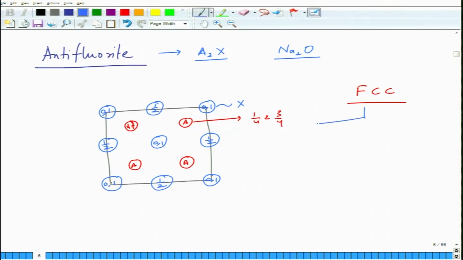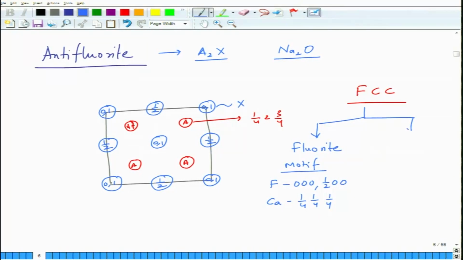In case of fluoride, motif will be fluorine at 0 0 0 and half 0 0, and calcium will be at, and then it will also make. So, all three will make FCC lattices, you have 3 atoms.